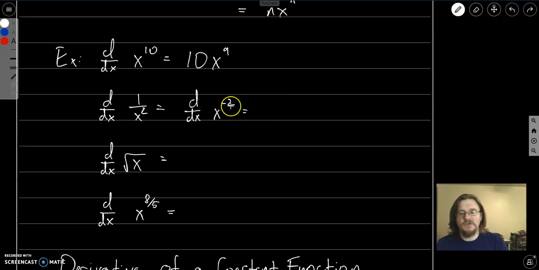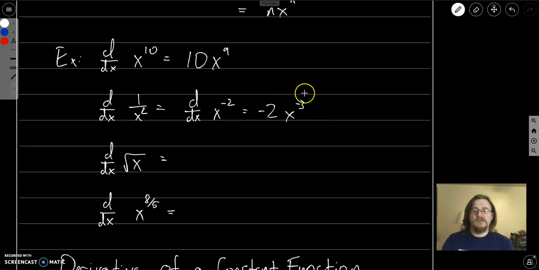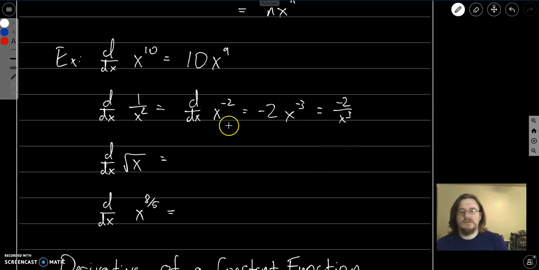And when I take the derivative of x to a power, I bring that power down, and I raise it to the 1 fewer power. 1 less than negative 2 is negative 3. So there's my answer. I can simplify this, get rid of the negative exponent, and this would be negative 2 divided by x cubed. So all of this is making sense.